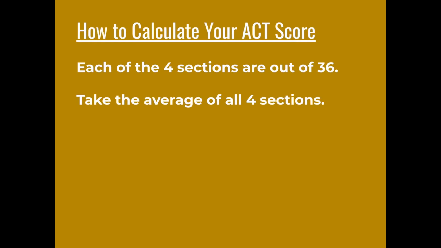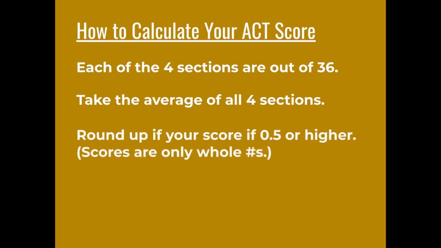In some cases, you may have a score that falls into a decimal. For example, you might get a 28.5 or a 32.1, and you're wondering, how does the rounding work? For the ACT, you can't get a decimal; it has to be a whole number.